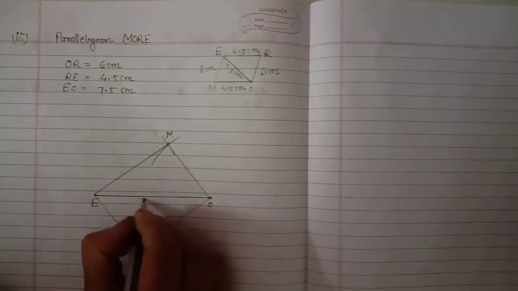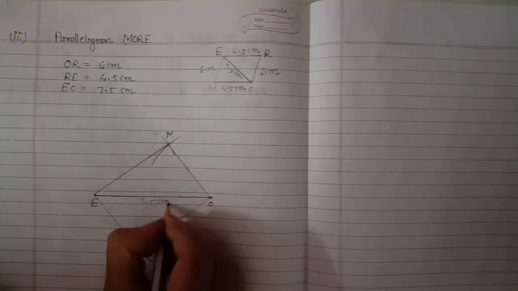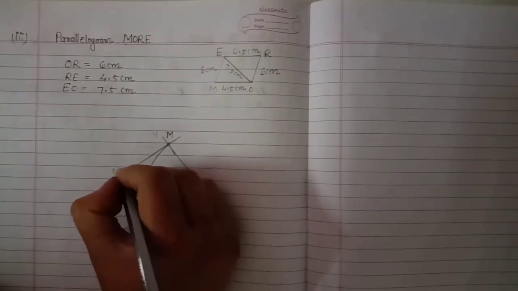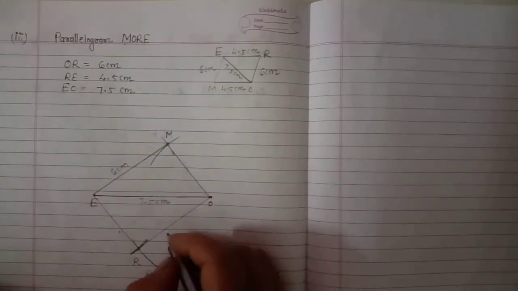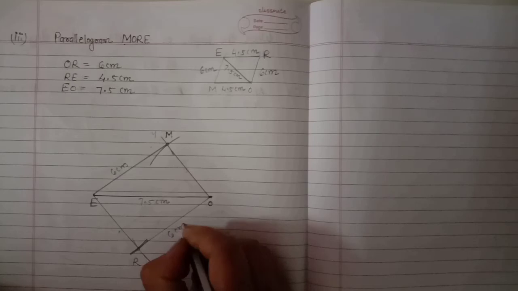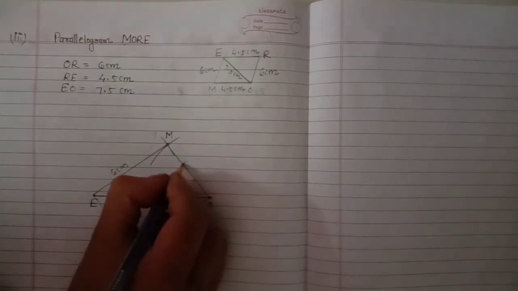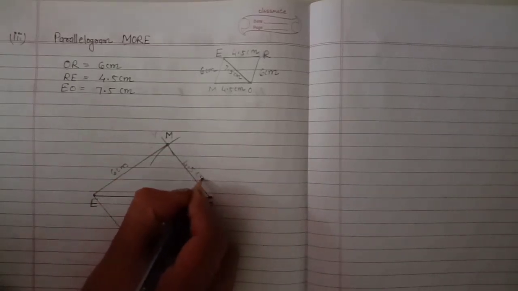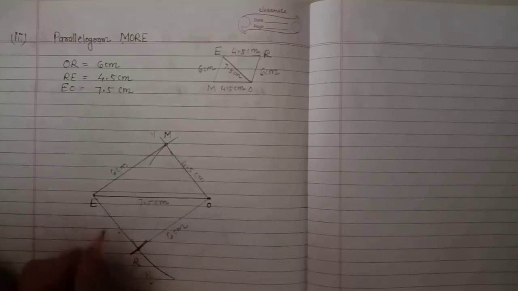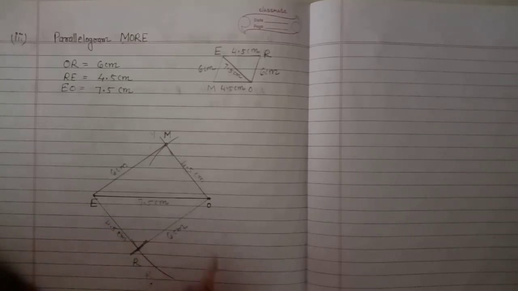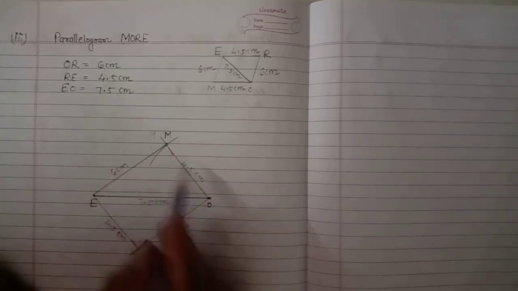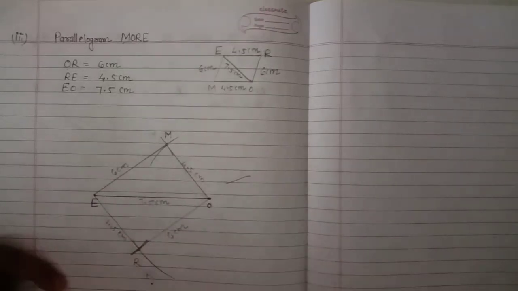EO equals 7.5 centimeter, EM equals 6 centimeter, opposite to this EM, RO will also equal 6 centimeter, MO equals 4.5 centimeter, opposite to this MO your ER, which is also 4.5 centimeter. So as you can see, this MORE is a parallelogram.